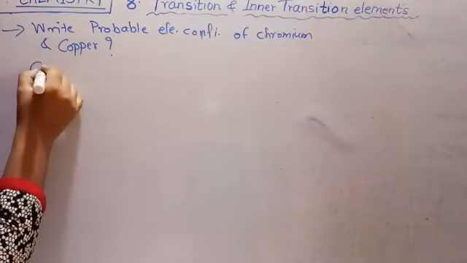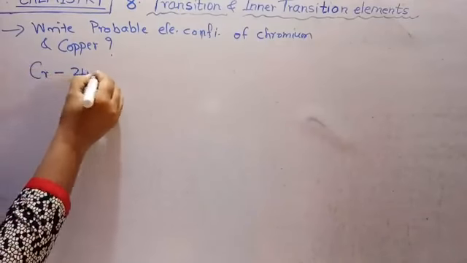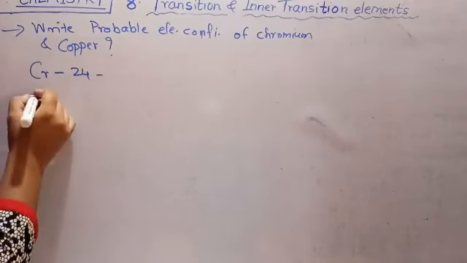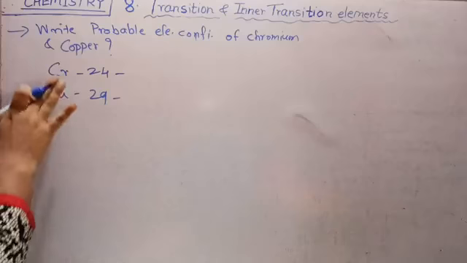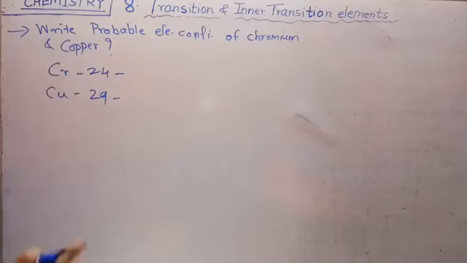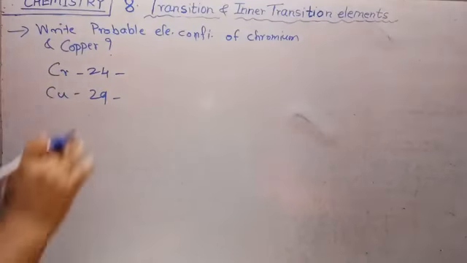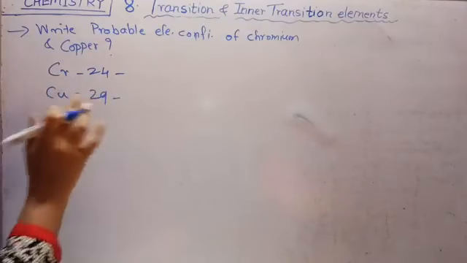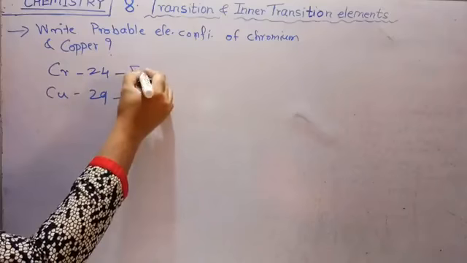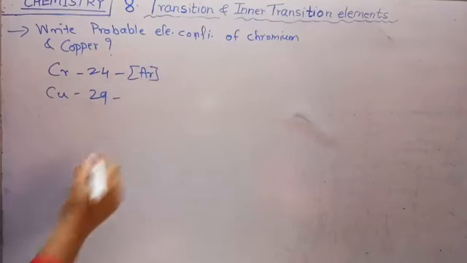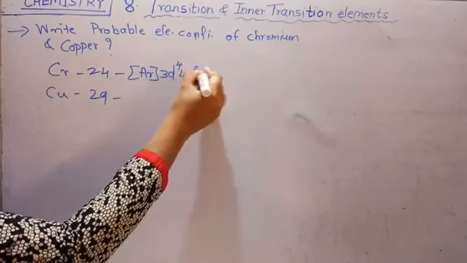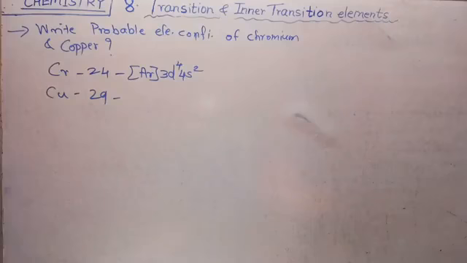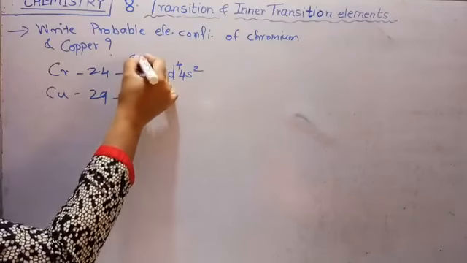Chromium has atomic number 24 and copper has atomic number 29. For chromium, the expected electronic configuration is argon 3d4 4s2. This is the expected.